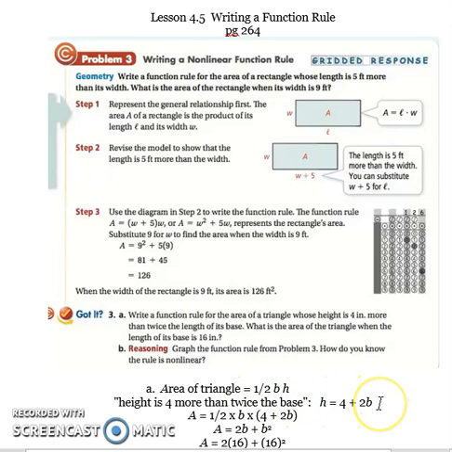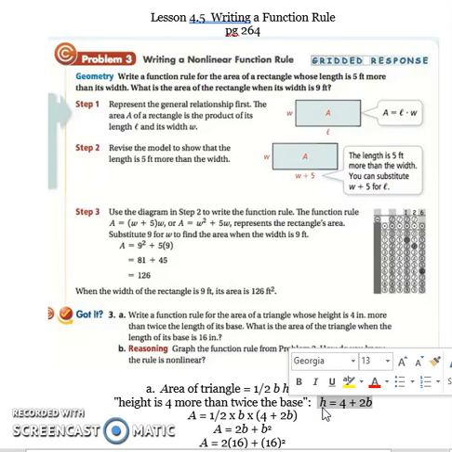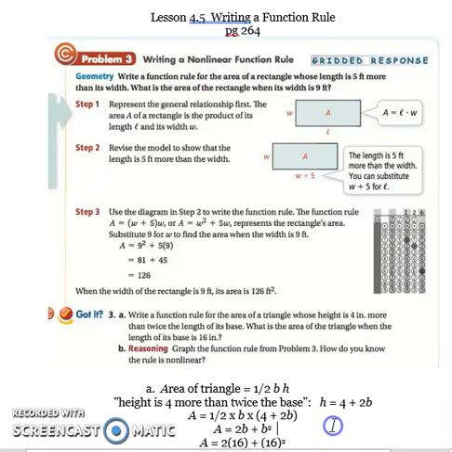That translates literally into this right here. The height equals 4 more than twice the base. Now, we're trying to find the area of the triangle, so we have to plug in this 4 plus 2b for H. So it's 1/2 the base times the height, but our height we know is 4 plus 2b.